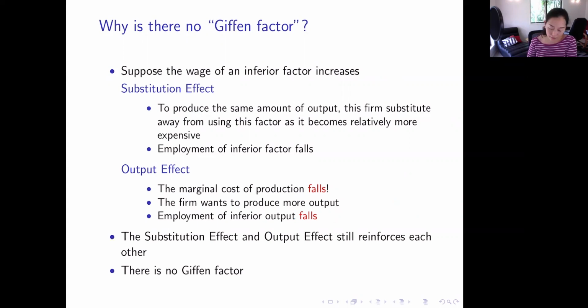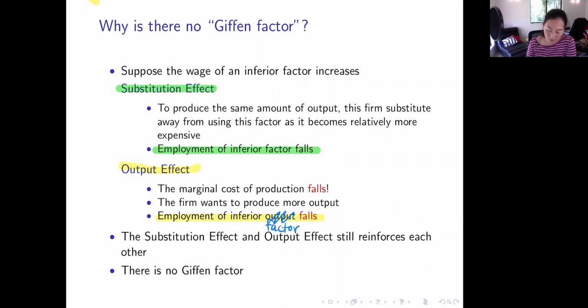Okay. And since both, for the substitution effect, we have employment of the inferior factor falls, and for the output effect, the employment of the inferior input also falls. So this is a typo.